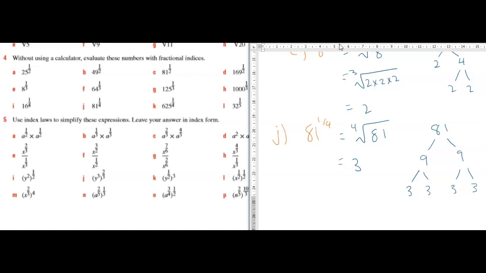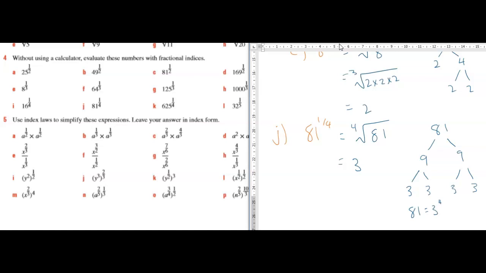And that is 3. Now, if you think about just here, 81 is the same as 3 to the power of 4. And what I am basically doing here, 81 to the power of a quarter, is the inverse of this.